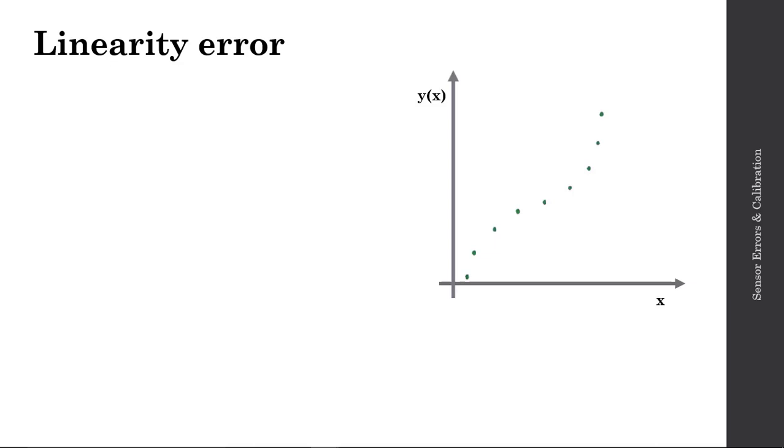If you recall, when we were calibrating our sensors, we tended to apply a linear fit to our calibration data, such that y, our output, was equal to a0 plus a1 times x, where a0 was the y-intercept and a1 was the slope. So for calibration data such as the data here, where x is my input and y is my output, this linear calibration curve might look something like this.